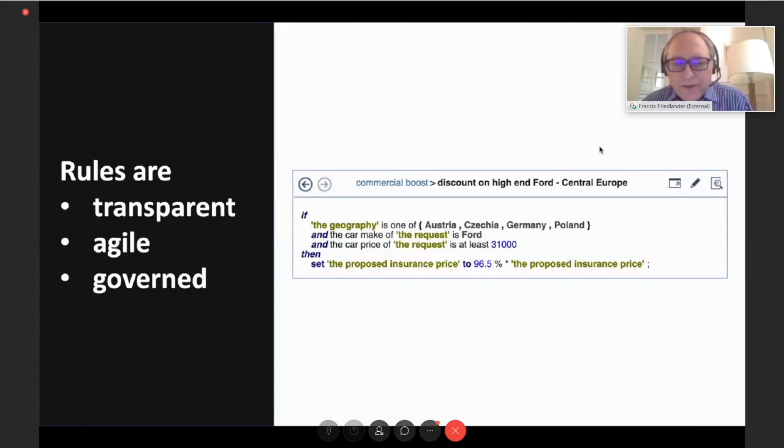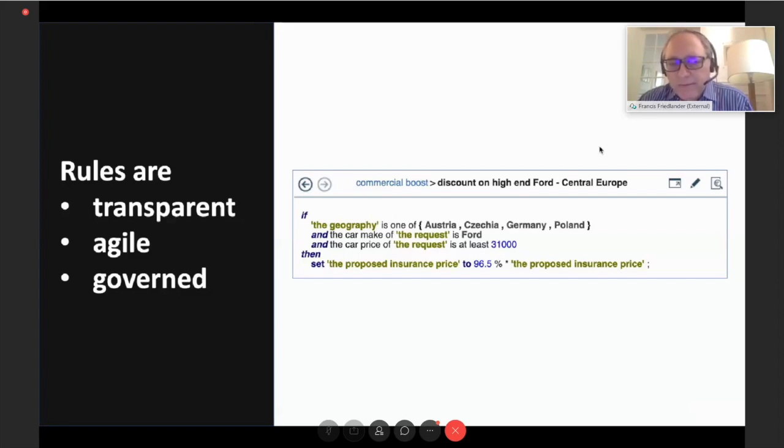So for example, what you can see on screen is a commercial boost rule, which is going to apply a discount on insurance products in a few countries, Austria, Czechia, etc., for Ford, and I would say for cheap cars. So at least cars with a price less than 31,000. So this is really a business decision. This is something you want to put in place to boost the business in this particular line, I would say, a segment of the business, right?